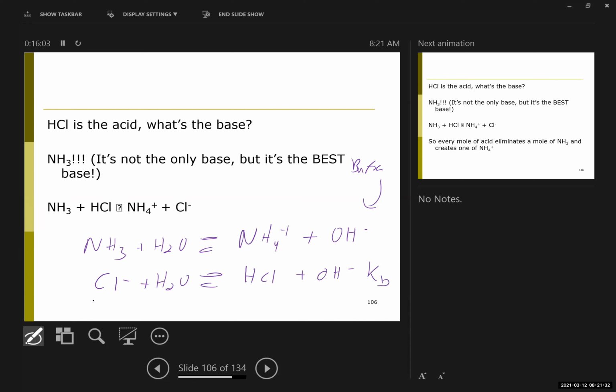There's, of course, KW, and we talked about how technically, since there was ammonium there, if I'm writing all the reactions. But these two are essentially the conjugates, and so if you solve one, you solve them both.